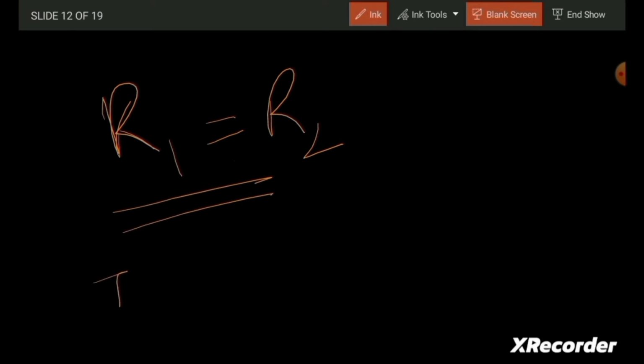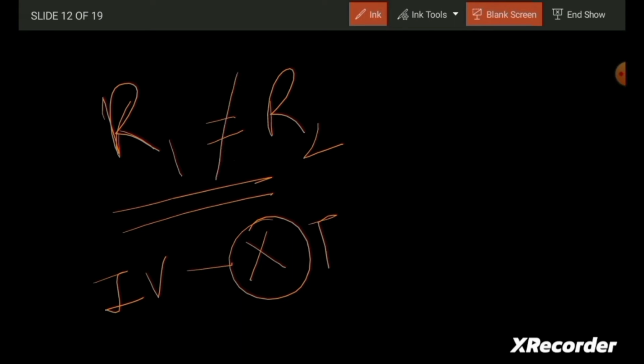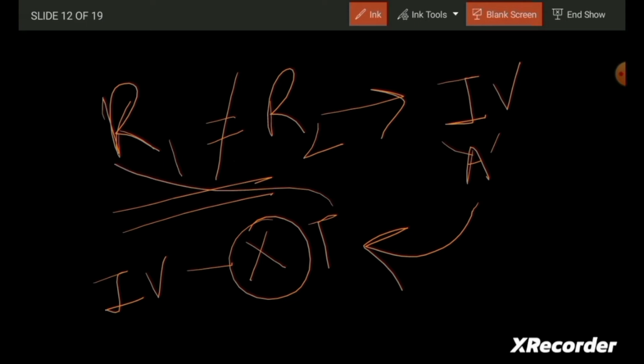Now what we have to see is if R1 is equal to R2. If it is equal, that simply means that the IV has had no effect on the group T. But if it is not equal, that simply means that the IV, that is the teaching method A, had an effect on the group T, which changed the results from R1 to R2, and that's why they are not equal.